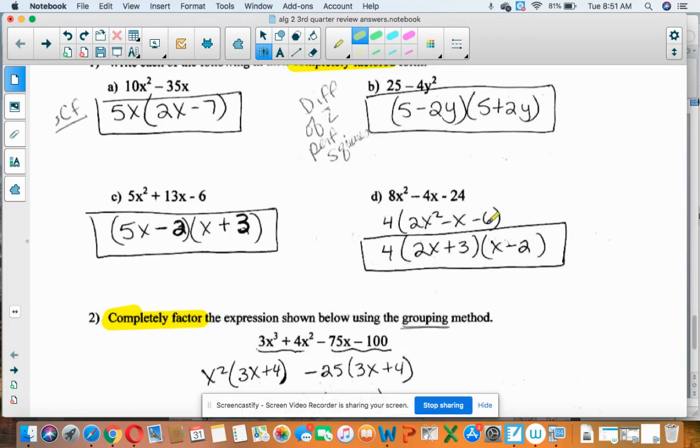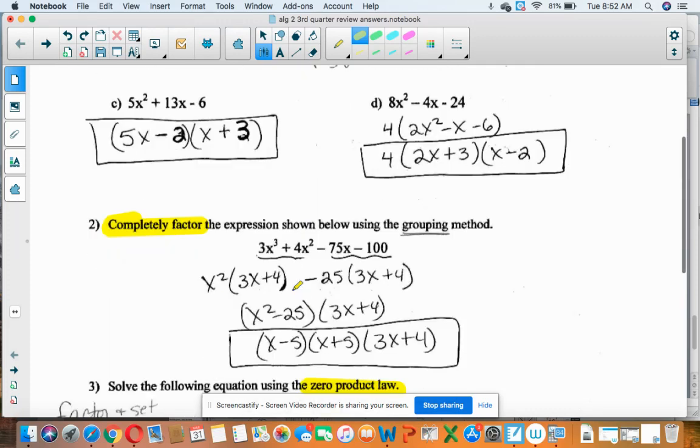Again, I have to figure out my factors of 6. Are they 1 and 6? Are they 2 and 3? It's just a matter of testing it out. They are 2 and 3. The 3 needs to go here because 3 times x is 3x. And the negative 2 needs to go here because negative 2 times 2 is negative 4x. So this gives me a negative 4x and a positive 3x, and that combines together to give me my middle term of negative x.